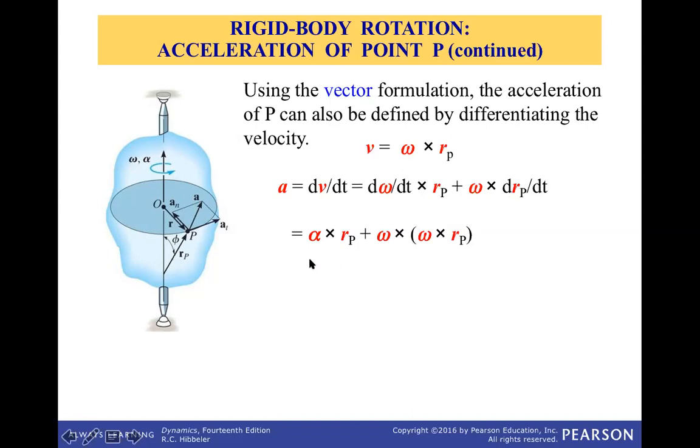Again, this clearly shows that acceleration will have two components. For this component, you can use the right-hand rule to determine its direction, and then you can also check the direction of this other term.